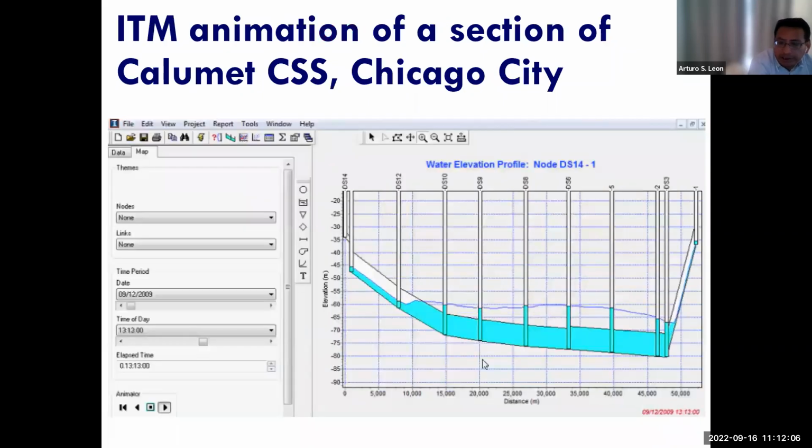This is another simulation. You might have transients and extreme dynamics. You might have multiple shocks, multiple interactions, air-water dynamics in the sewer system. So we have to be able to represent this in the model.